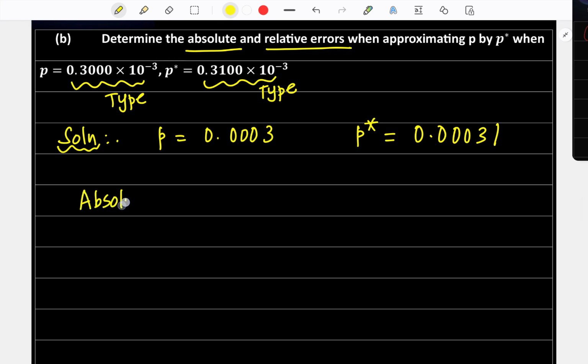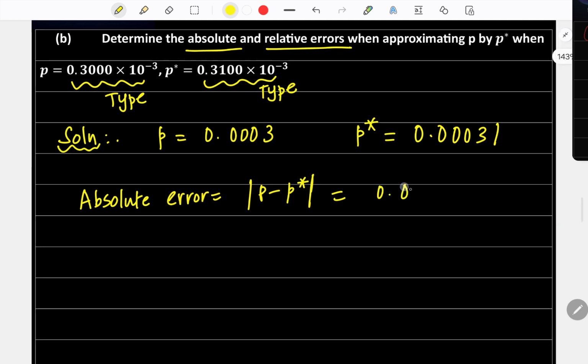Let's go for absolute error. So the absolute error formula is absolute value of p minus p star, and over this is the relative error. So this equals, and you put it in the calculator directly. Okay, so it's going to become 0.00001.